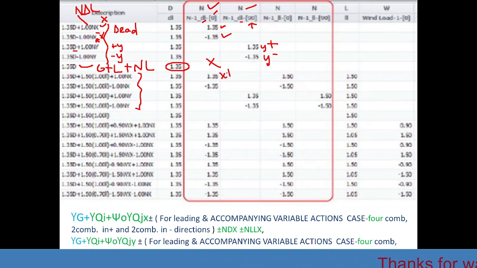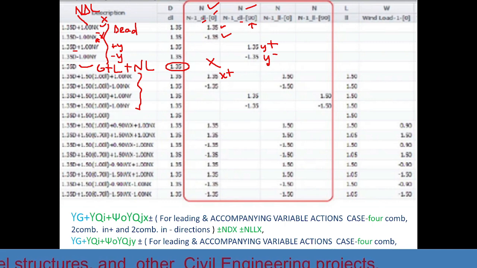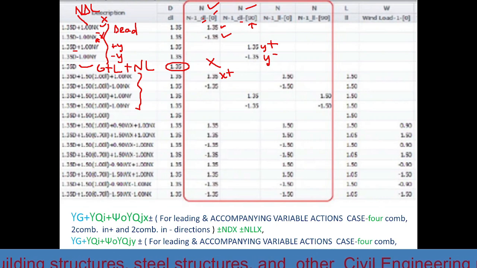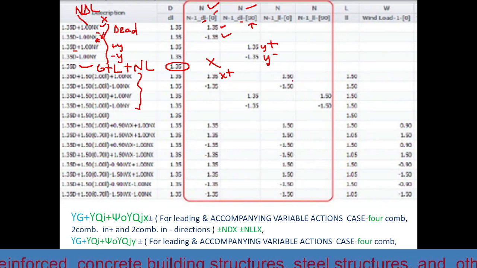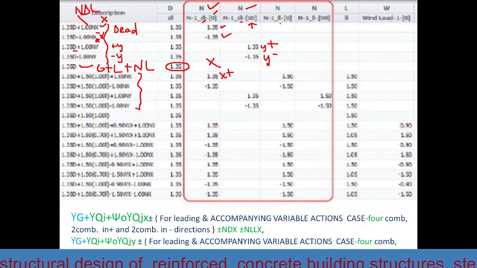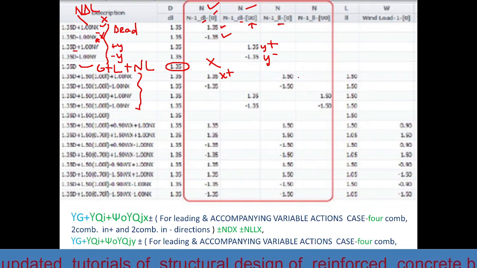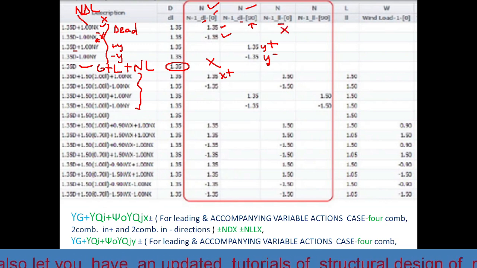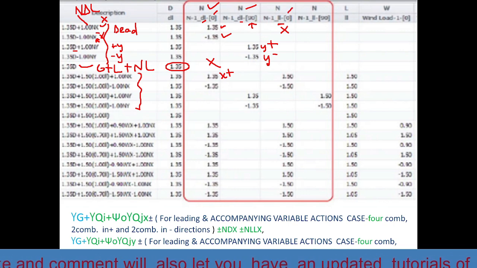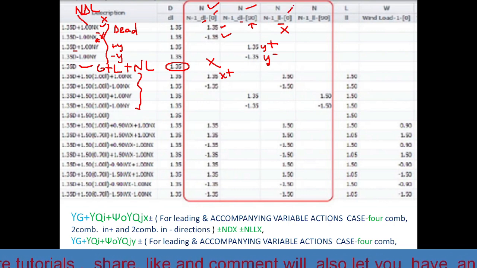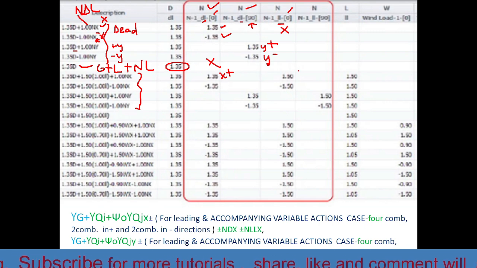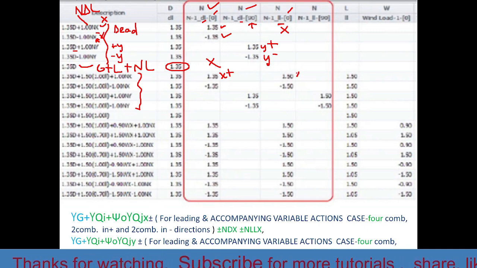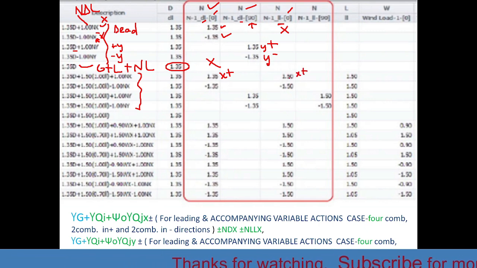So in x positive, that is 1.35 multiplied with the dead load plus 1.5 multiplied with the live load in x direction. Here this is 0 and this is 0, which is the same direction. So this is in x positive direction.